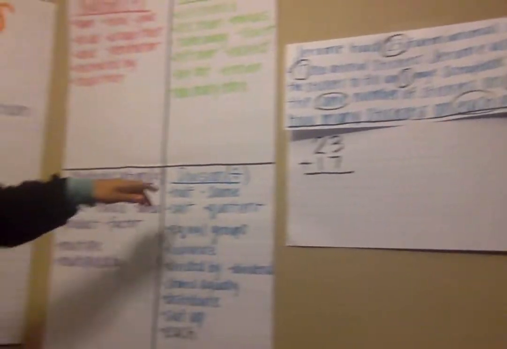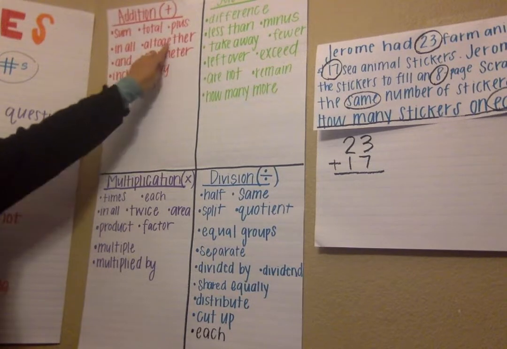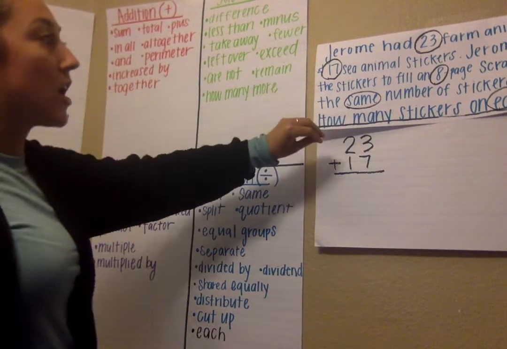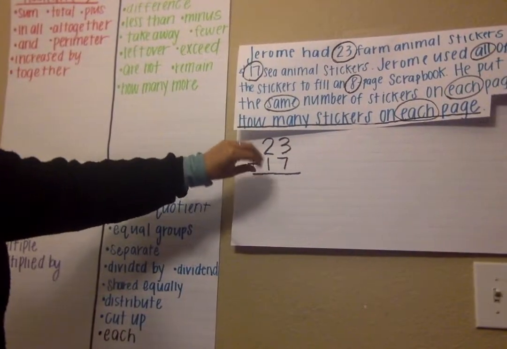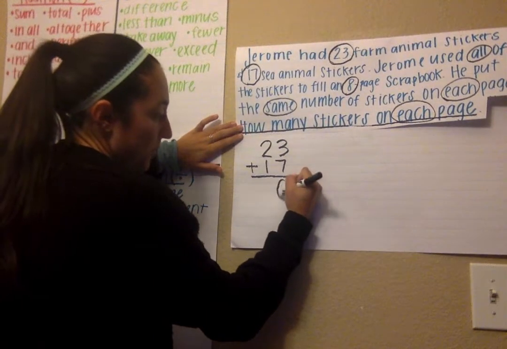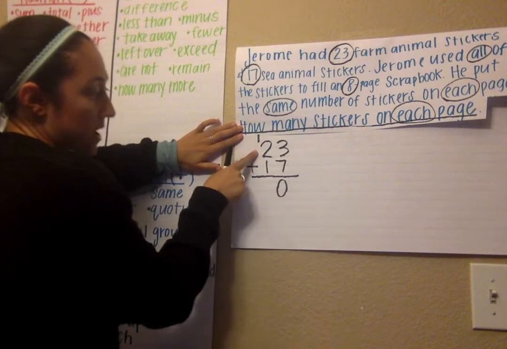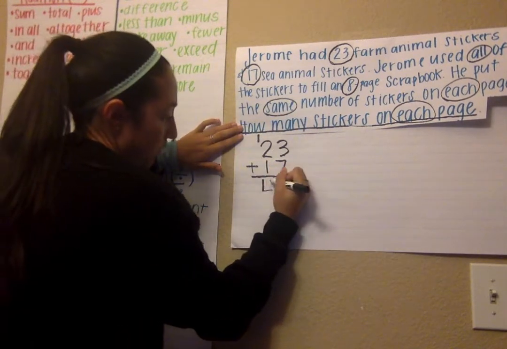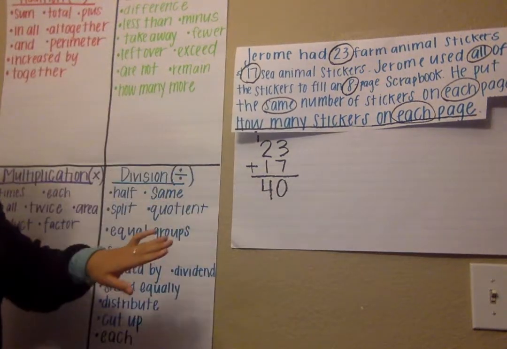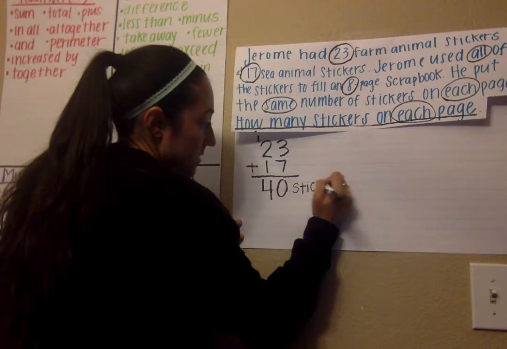And again, total is a keyword in addition, and so is all together. So we need to figure out how much he has all together or in total. So 3 plus 7 is 10, so I'm going to put my 0, carry my 1. 1 plus 2 is 3, plus 1 is 4. So in total, we know that Jerome has a total of 40 stickers.